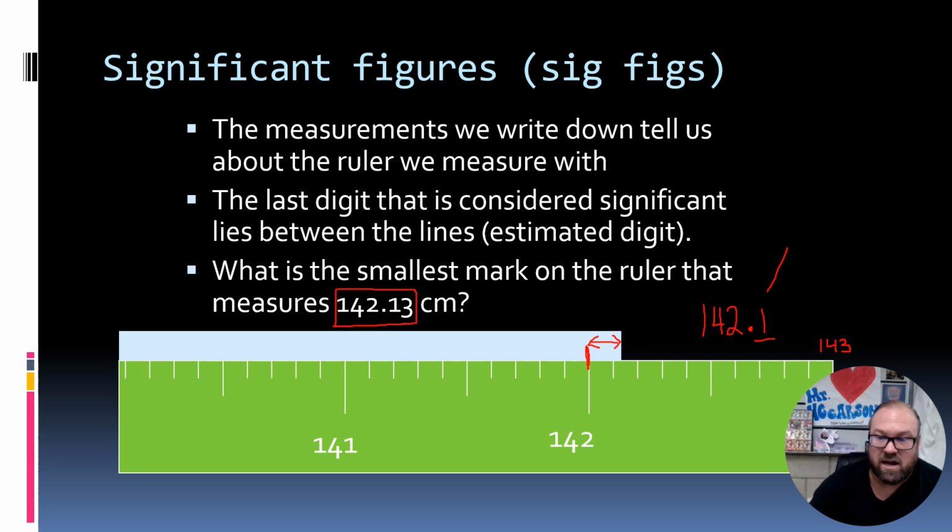And the estimated digit here would have to be the tenths spot. So the tenths place would be considered my estimated digit if it is accurate, if the lines of measurement count by the ones position. Remember, you're always going one spot smaller on our number sequence, right?